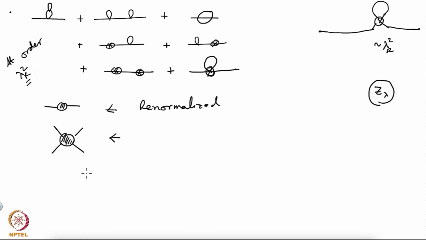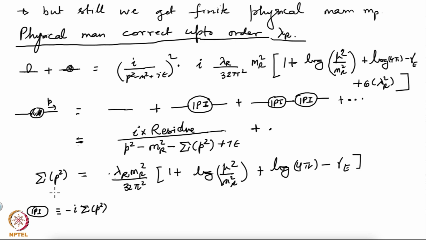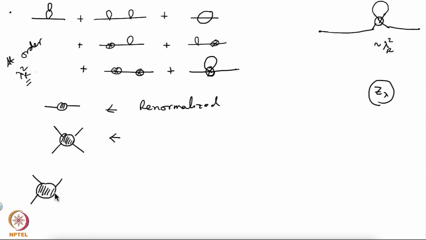Okay, so let's see what kind of 4-point functions we have. We have already learned the general structure of a 4-point function, or any n-point function, is this.